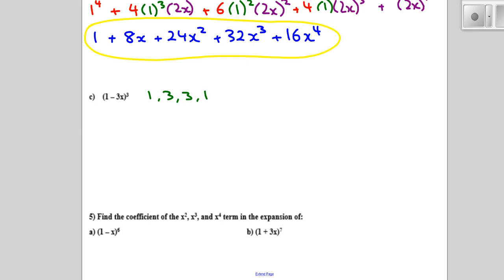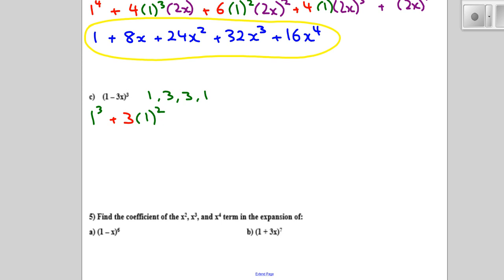One, and then do all this again. So the first one is 1, which is making it easy again. 1 to the power of 3. It's going to be the power of that number. And what's the coefficient? 1, powers of 1 go down, powers of 3x are going up. Oh, sorry, powers of negative 3x, I should have said.